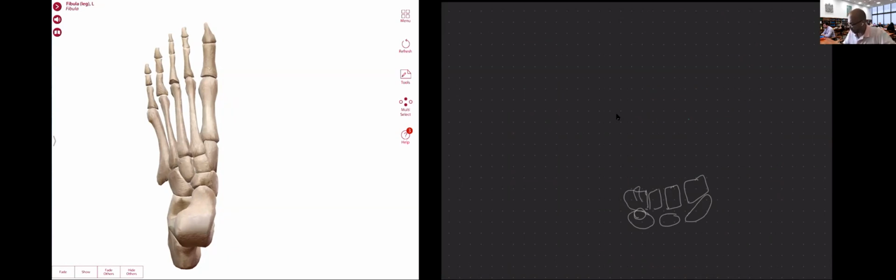And attached to the 8 carpal bones, we've got the metacarpal bones. And the phalanges.